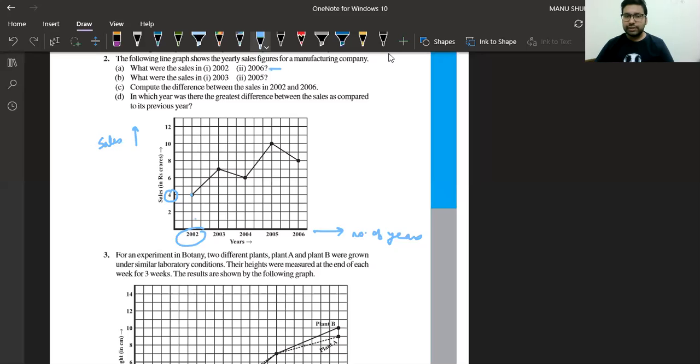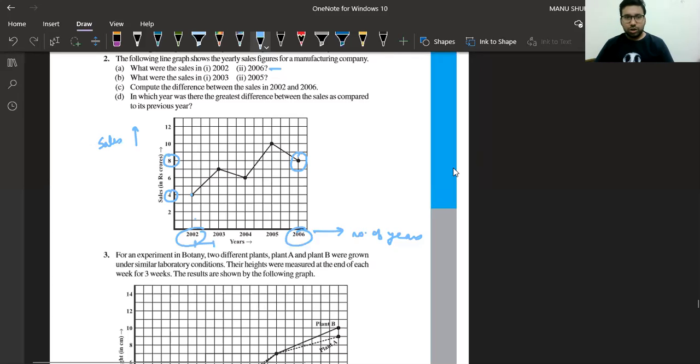Similarly 2006, if you see, this time you have to locate this point and this is the answer, that is rupees 8 crores. So this way we can find. If the scale is asked, you can say on the x-axis the scale is 1 unit equal to 1 year, and on the y-axis the scale is 1 unit equal to how much? 2 crores on the y-axis. Okay.